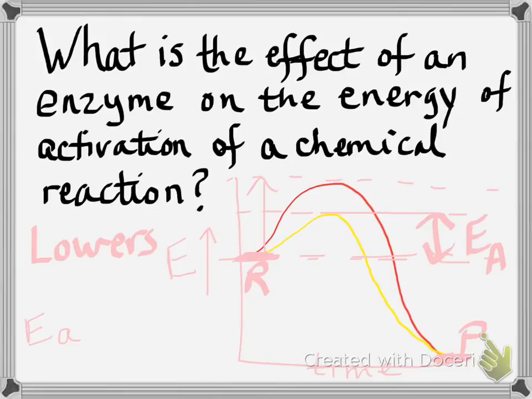Lowers the energy of activation. An enzyme will lower the energy of activation. Thus, an enzyme will make the chemical reaction go faster. Ready okay on number 2? I just threw that graph up there, but it's simply a graph from your textbook or lab manual.